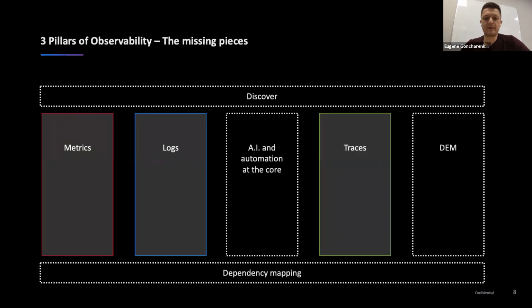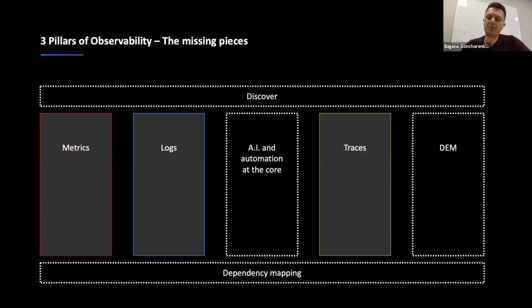So when we as a company were rethinking our second generation APM product, we were also facing these challenges. We were looking at how IT environments are changing. And when we were analyzing this concept, we understood that a lot of pieces of the puzzle are missing.